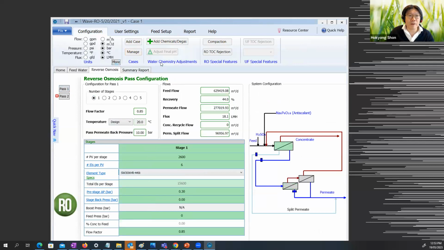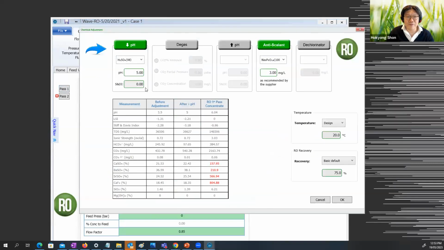You can add chemical or add degassing. If you click here, you can reduce the pH, increase the pH, or add some anti-scalant or degassing.